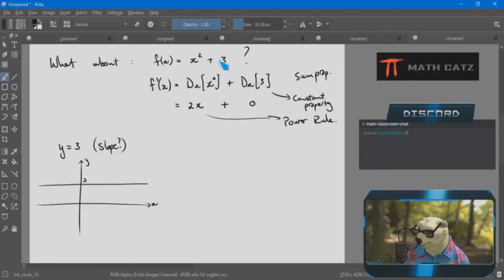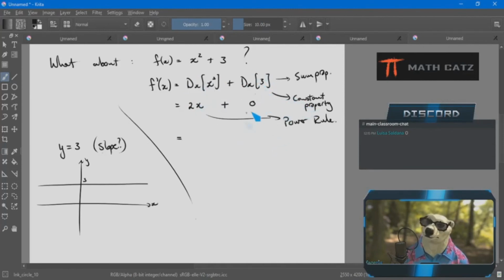All right. So a lot of things happen here, though. All the properties come together to give me the answer. First, I had multiple terms. The sum property was first. Then I could look at them in isolation. Well, the first term was just the power of x. The power rule handles that. The next term was a constant.